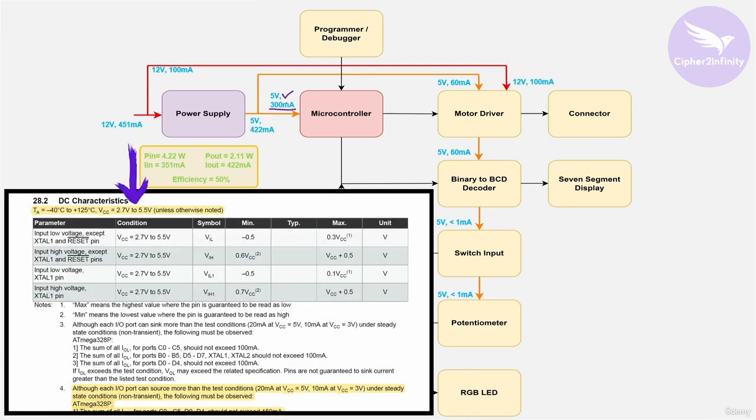So you have to go to the data sheet of the Atmega 328 microcontroller, and again in the electrical characteristics section, it will be given what the operating voltage range is. So the Atmega 328 microcontroller can work on 2.7 volt to 5.5 volt. And we are using this particular voltage, which is basically the standard voltage whenever we use a power supply. So we are going to provide 5 volt to the Atmega 328 microcontroller for its proper operation.